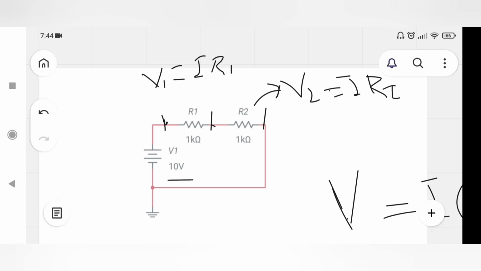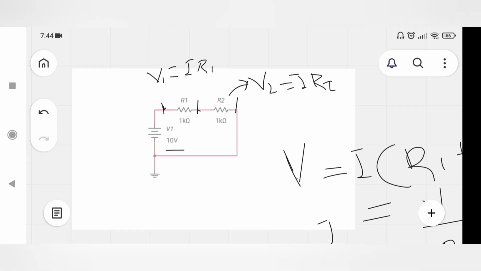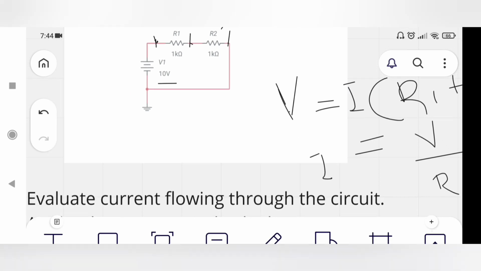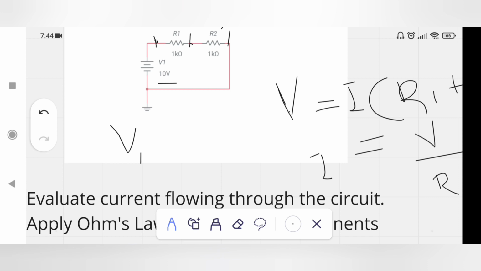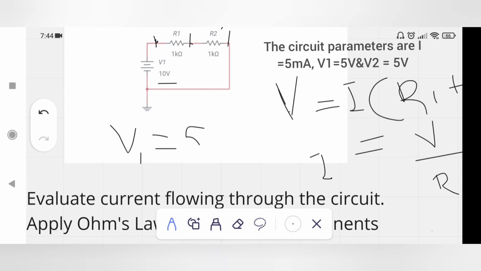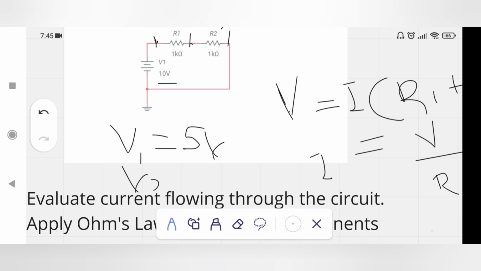This is V2 is equal to I R2. We have calculated the circuit parameters: I is equal to 5 milliampere, V1 is equal to 5 volt and V2 is also equal to 5 volt.